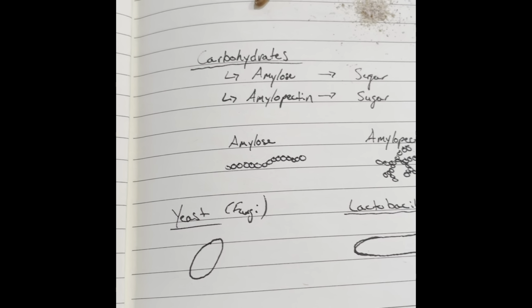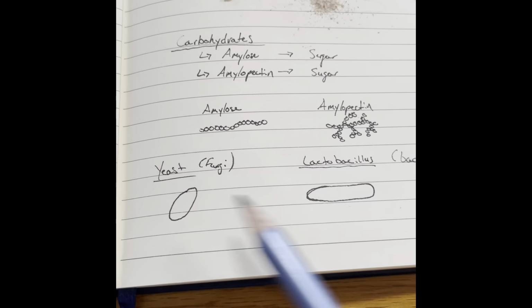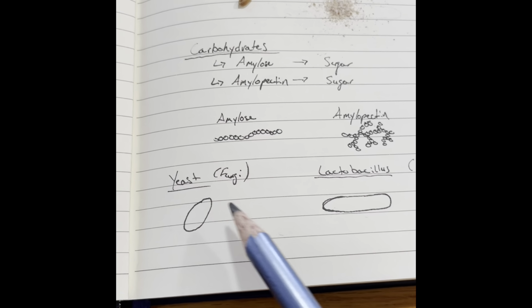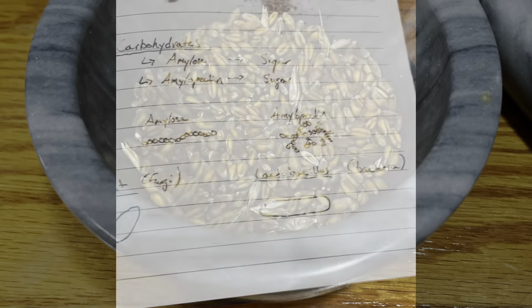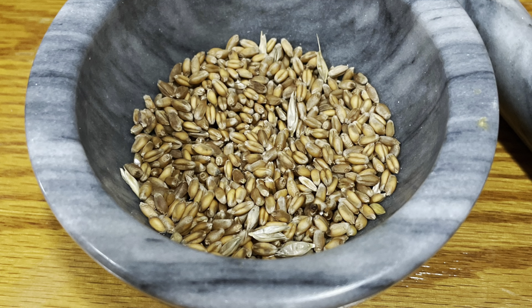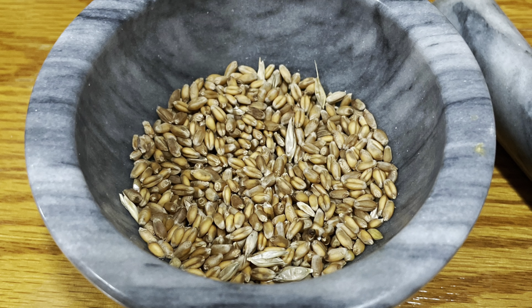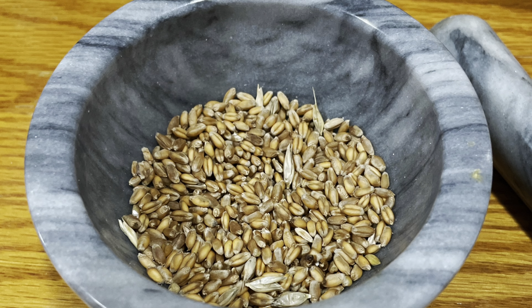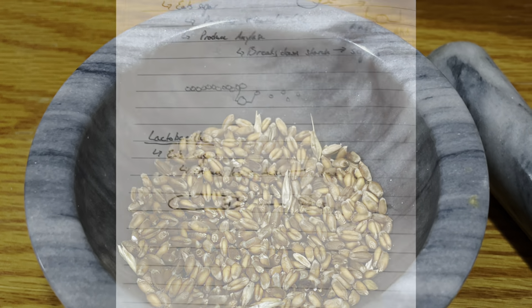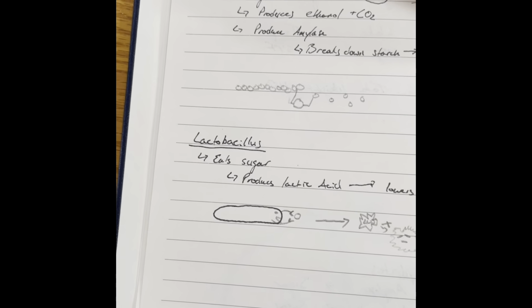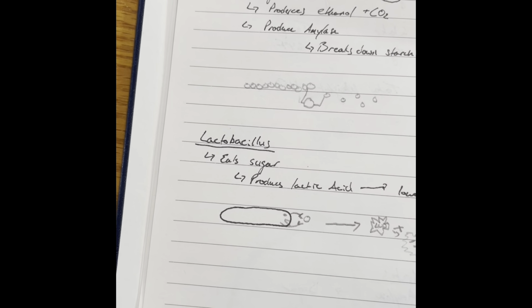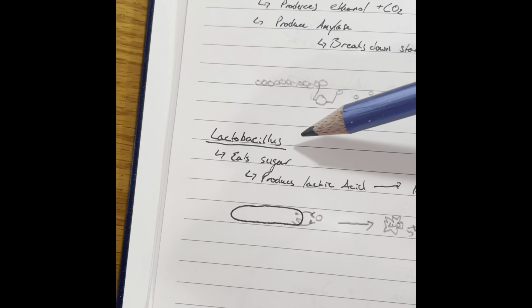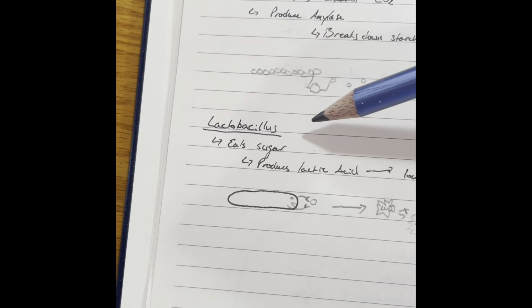So we have two main things going on here. We have a yeast, and then we also have bacteria. If you're not following along with everything, that's okay. Most people in college don't have any idea what any of this means. Yeast falls under the category of fungi, and then we have the lactobacillus, which is a type of bacteria.